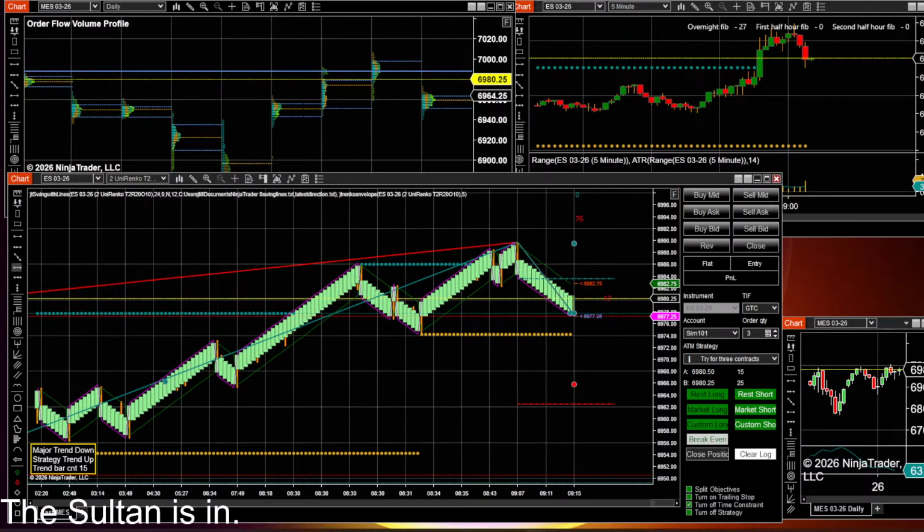So on the overnight, we've reached 76% fib-wise on the move down from yesterday.